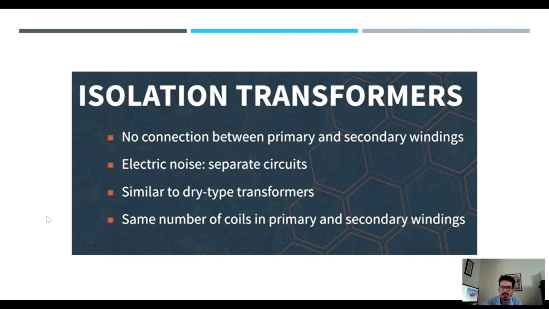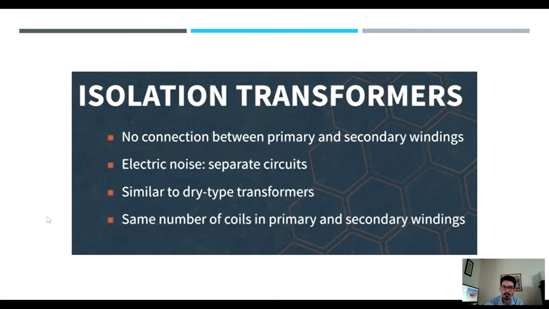So isolation transformers are often used for reducing the noise of a voltage input. Remember that the operating principle of transformers is induction, and this is because of the magnetic field formed between the coils.